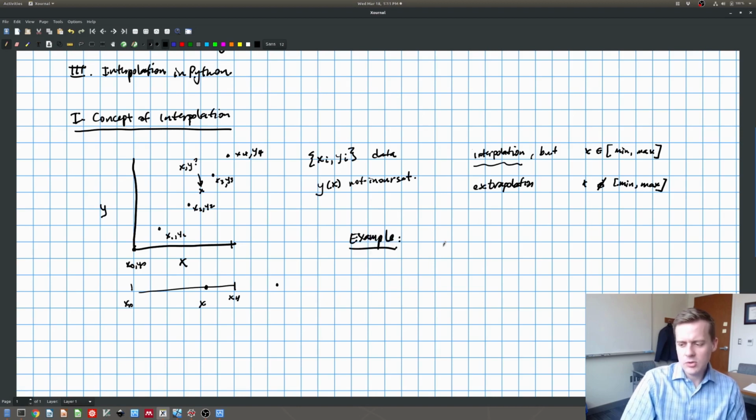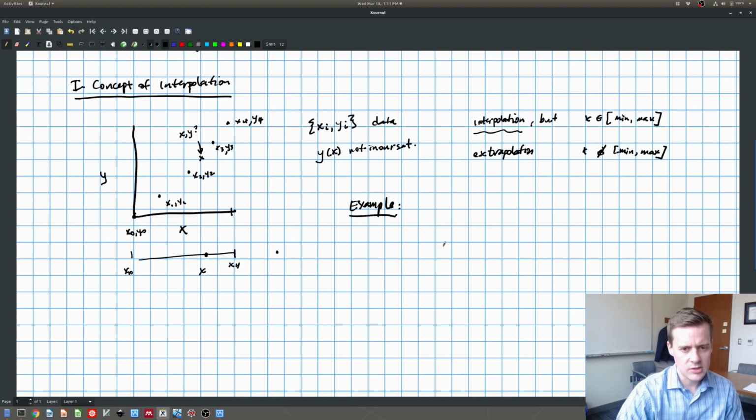Suppose you know that it costs $24.80 to fill up your car with gas. And suppose you also know that you have a 12-gallon tank.